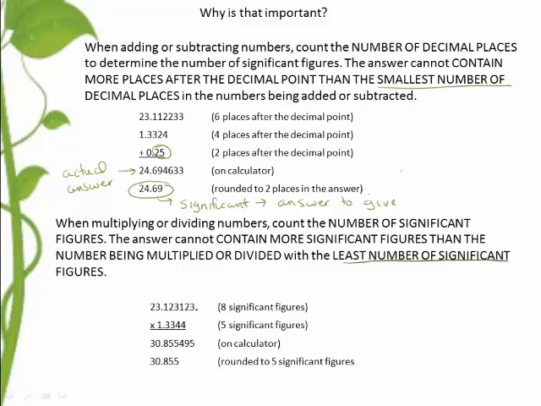I have 8 significant figures and I have 5 significant figures. So when I multiply this, my actual answer has 1, 2, 3, 4, 5, 6, 7, 8 significant figures. But my least amount was 5 in my problem, so I can only have 5 significant figures. So this is the answer I give.